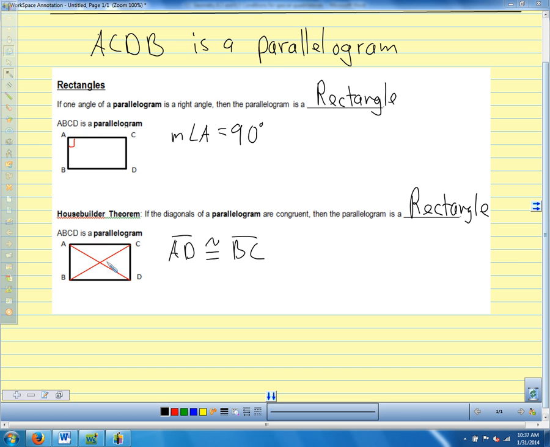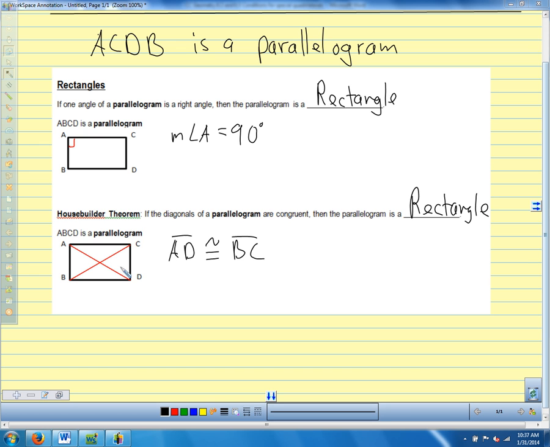But they could arrange those same lengths as a parallelogram because it could get kind of squashed over. To make sure that it's a rectangle, they would use a log or some rope and make sure that the distance from corner to corner, either direction, is the same, so that their foundation is a rectangle. So that's why they call it a house builder theorem. It's the way you can make sure the foundation of your house is a rectangle. And it's something people have been doing for a long time.